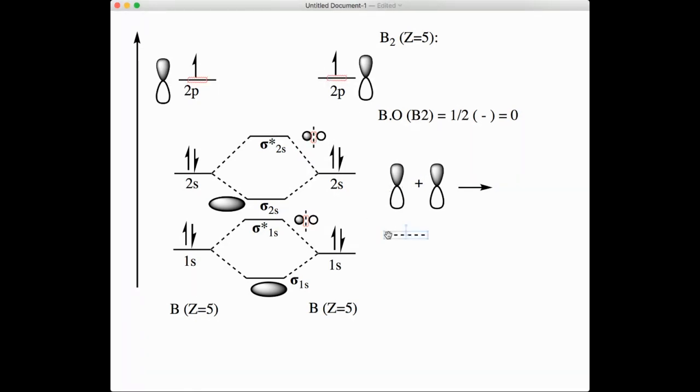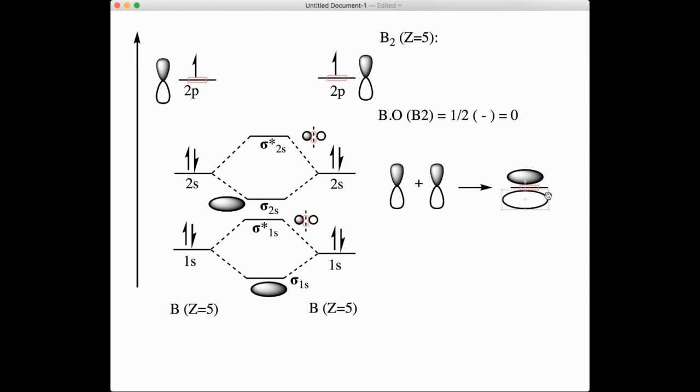The reason for that is once again because there is a node here, a point with zero electron density, okay? So these two are in phase, these two are out of phase. So the resulting molecular orbital will look like this. It will have a nodal plane exactly as the one on the p orbitals, and then it will have an area of bonding above that nodal plane, and another bonding area below the nodal plane.